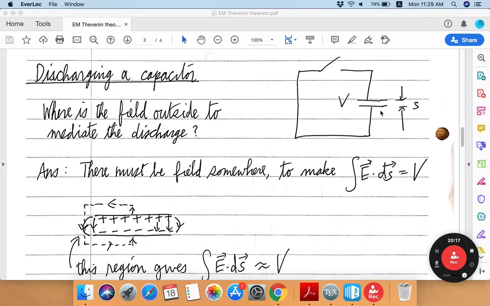Opposite charges will continue to be sitting on this plate, and they will never be able to discharge. Is there a flaw in the argument that I just presented? Well, if there's no flaw, then what I said must be true, and you will never be able to discharge a capacitor even if you close the circuit.